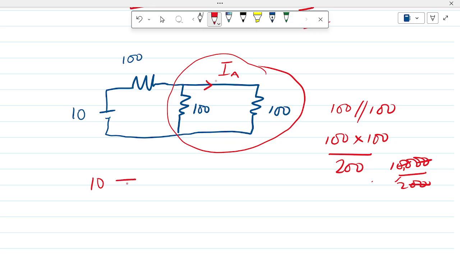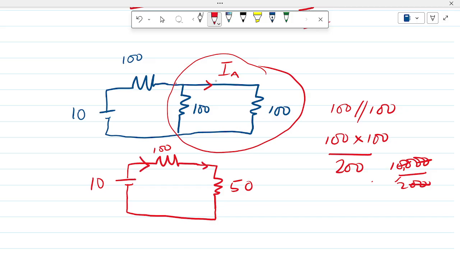So the circuit looks like this. And the current through this 50 is the current that's going to be shared between the two of them.